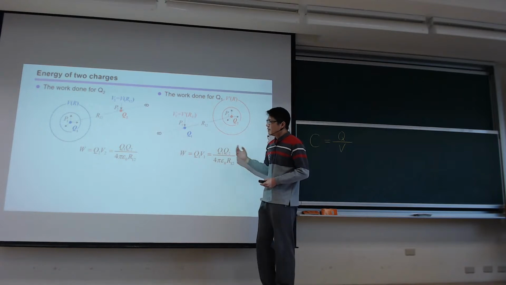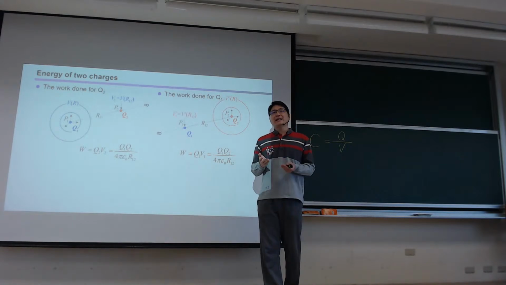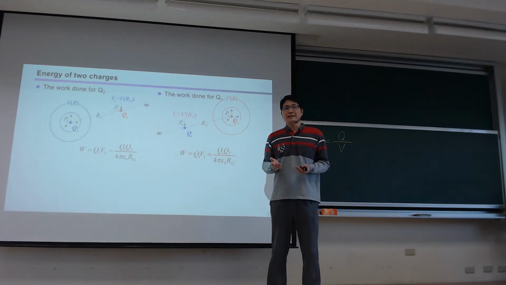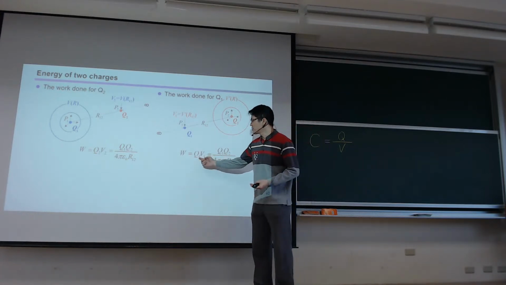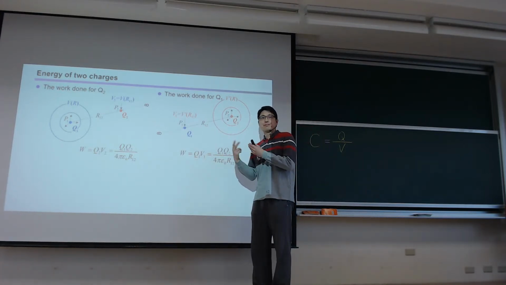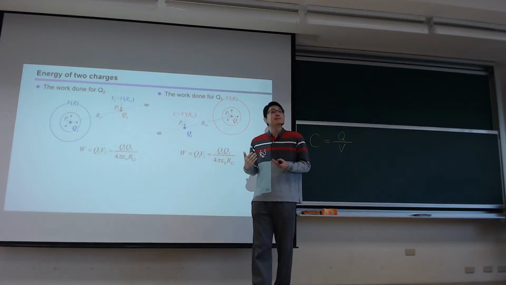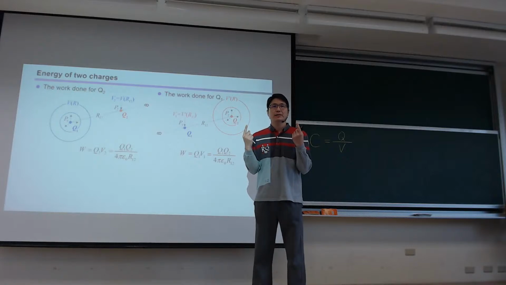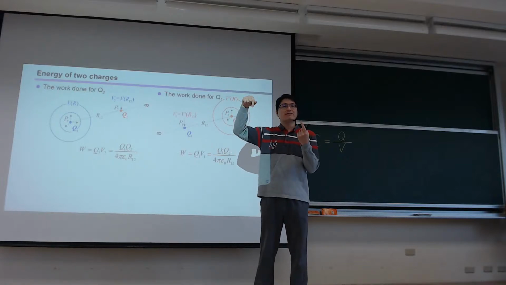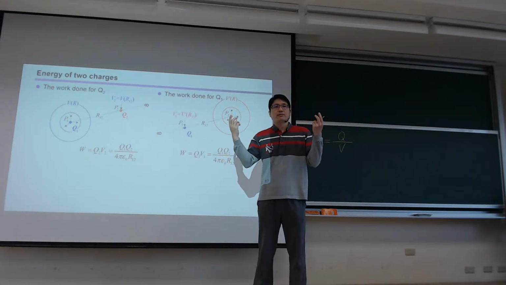Okay? Now you compare the two. They are actually identical in quantity. It's just the nomenclature. The numbering is different. But essentially, they are the same, and they must be the same because you only have two particles, right? No matter which comes in first, essentially, you only have two particles.